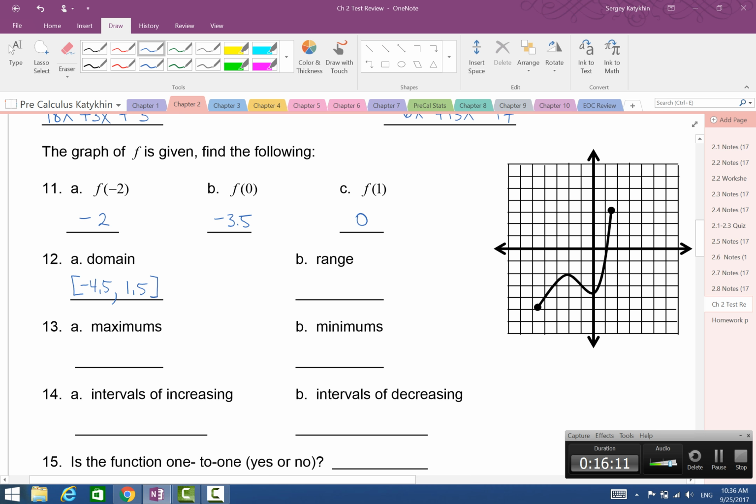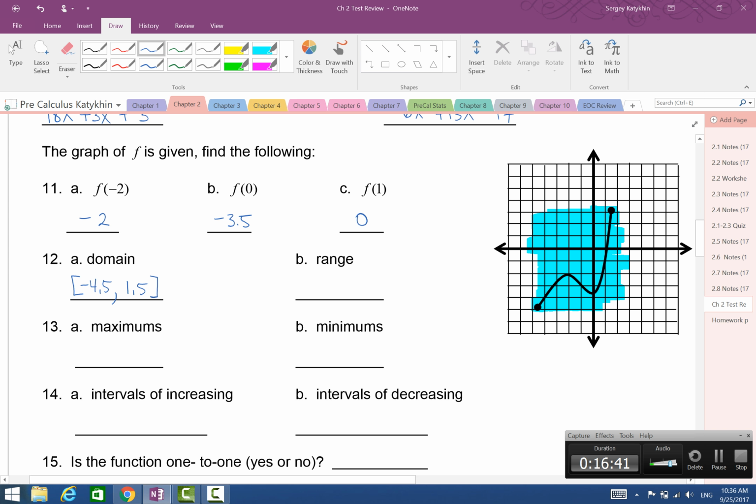Now the range is your y values. So you look at from where to where my graph goes on the y, and as you can see, it goes from there to there. So it's all in this area that I'm highlighting. That's the range that goes from top to bottom. It looks a little bit off, but I'm going to round it off. The first one is probably 1, 2, 3, 4, 5.